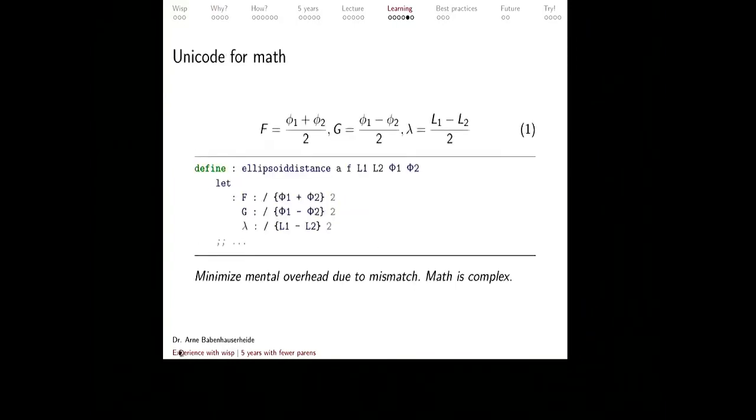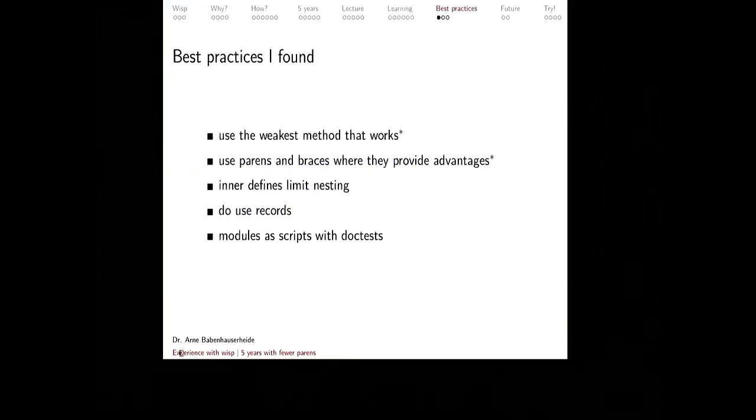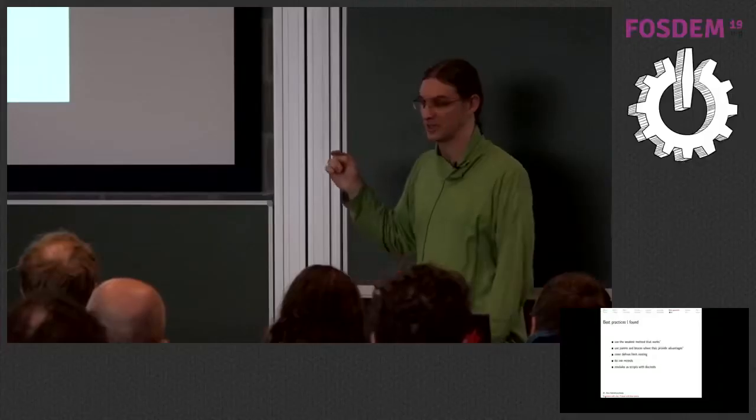Let me check. Okay, I'm leaving out these parts. Some of these are already said, and I'll jump forward to one of the things I found which works. Use more inner defines in Wisp than in Scheme, because deeper indentation is more nasty than deeper nesting in parentheses.